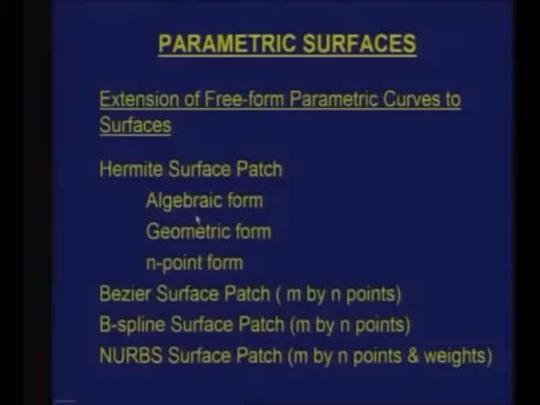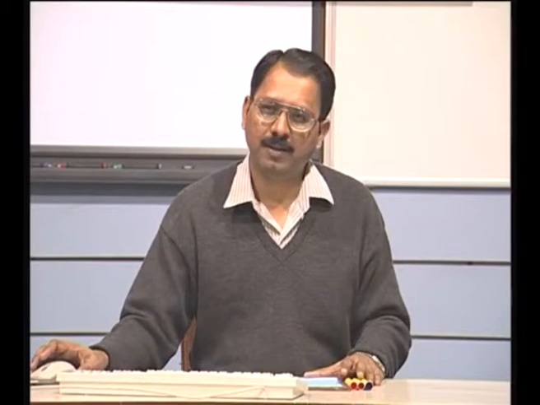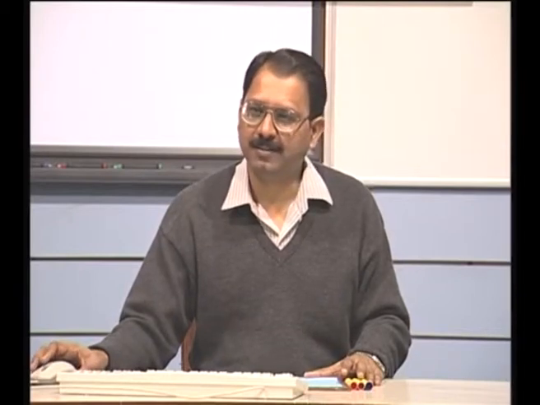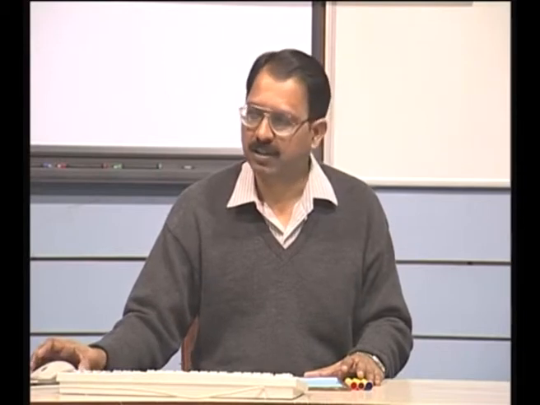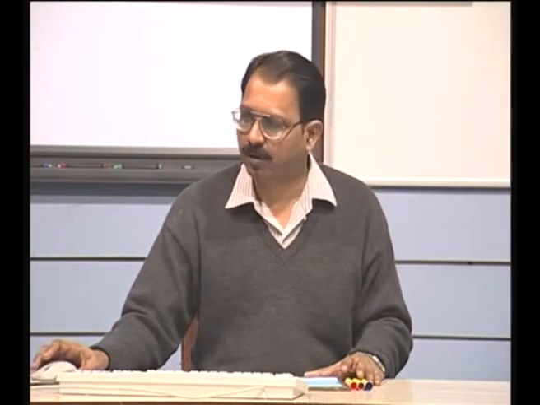So, in fact, when I write it in a matrix form, an algebraic form, I can simply use the same matrix which is used for parametric curves and just extend it to the surface. So, it is a very simple way to represent. We will see that later as we go along.